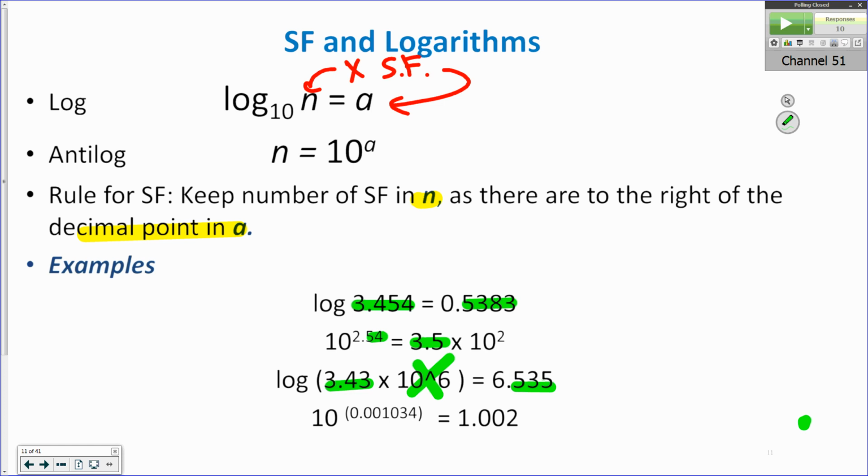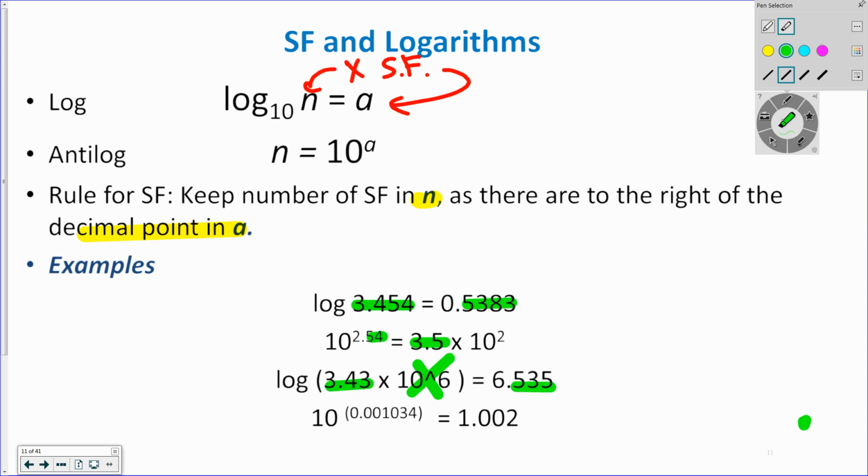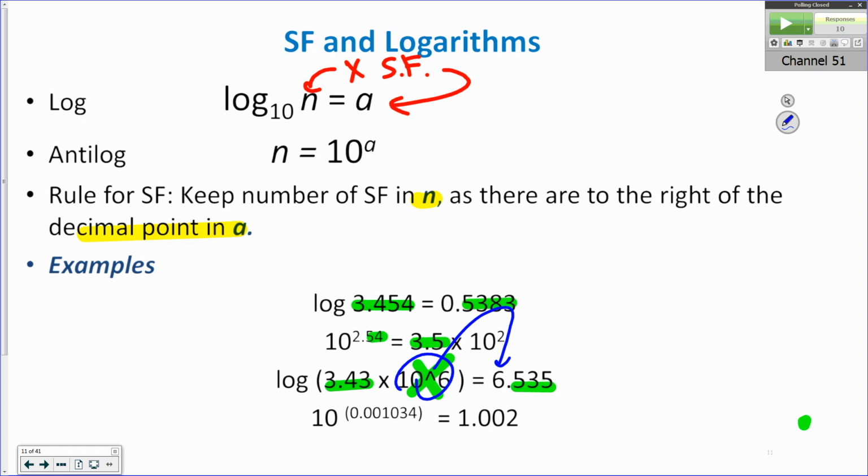Essentially a log, this is the scientific notation portion of it. So if you think about what a log does, this 10 to the 6 is all that's been expressed there. If it were 10 to the 5th, it'd be 5 something. 10 to the 4th, it'd be 4 point something. So that's all you're doing. That's your spacing zeros if you want to think about it.